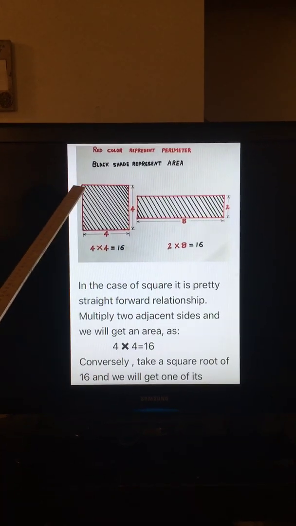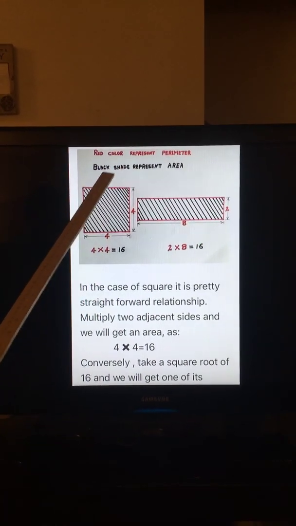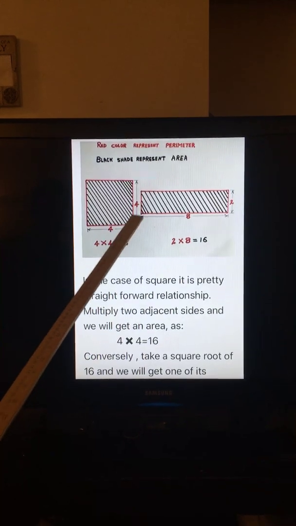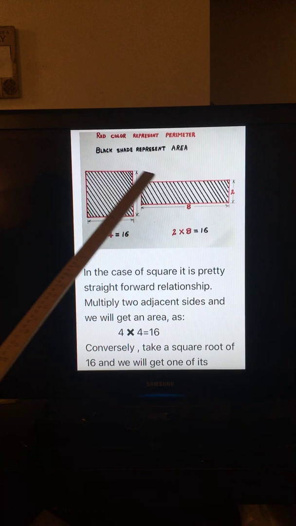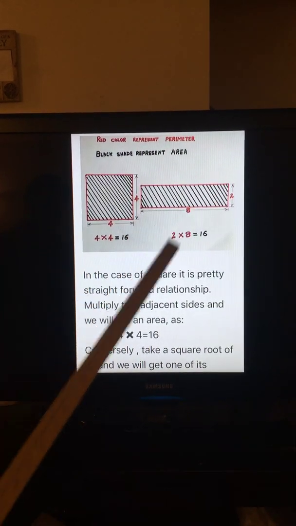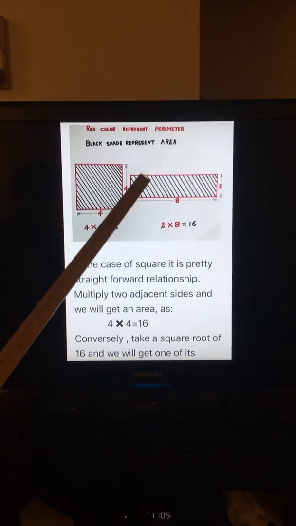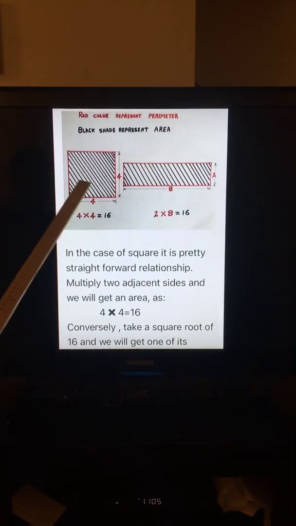So the red color actually is the boundary line, and the shaded black is the area. We need to recover one from the other.